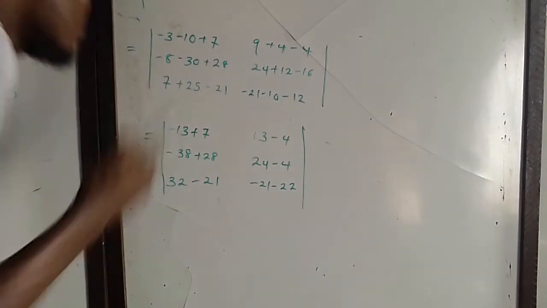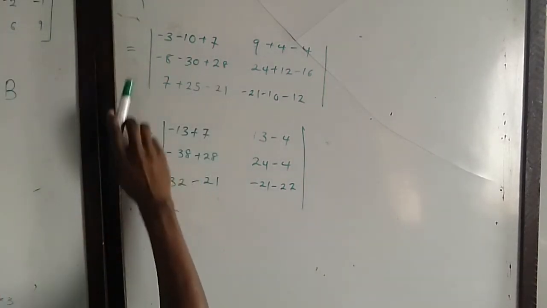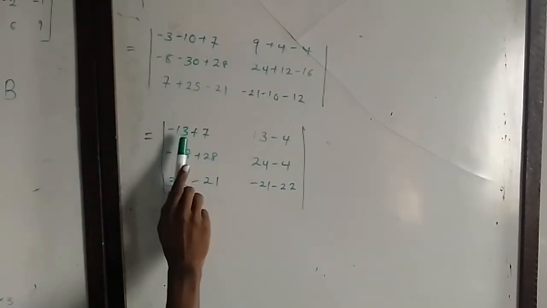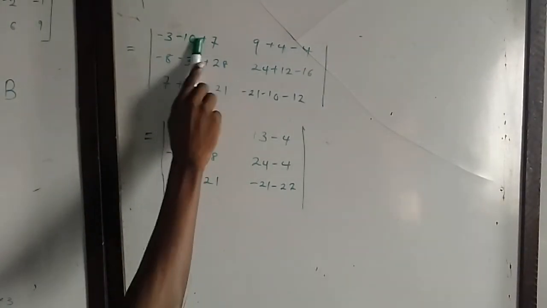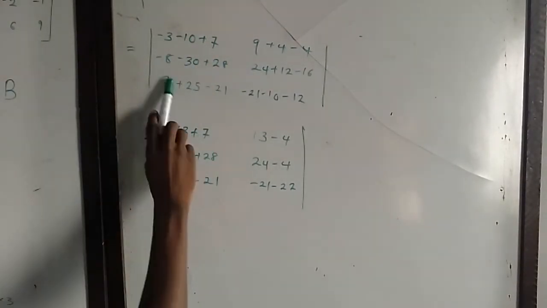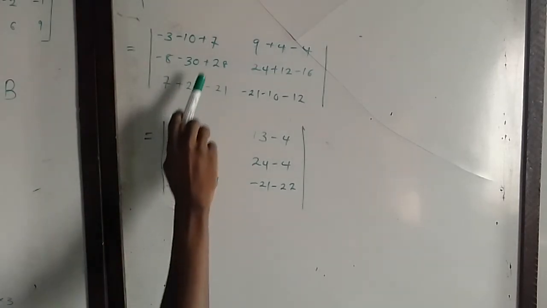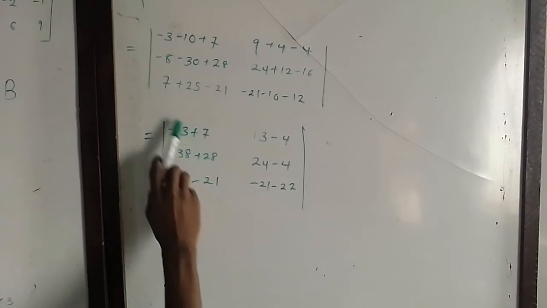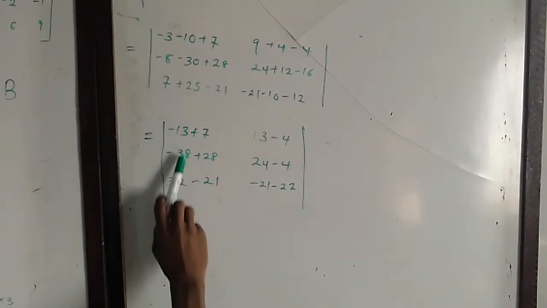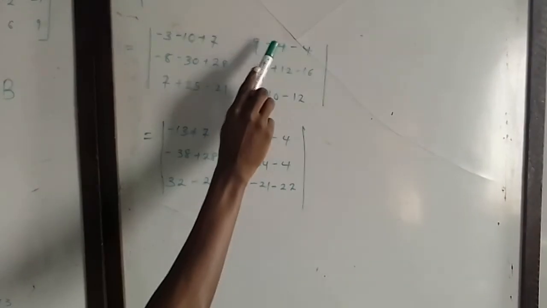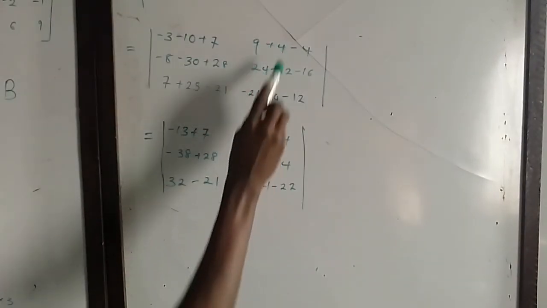Let me repeat again. I said minus 3 minus 10 will give us minus 13, then plus 7. Then minus 8 minus 30 will give us minus 38 plus 28. 7 plus 25 will give us 32 minus 21. Then 9 plus 4 will give us 13 minus 4.